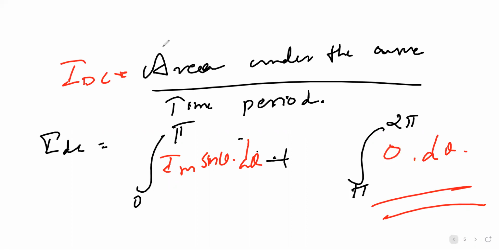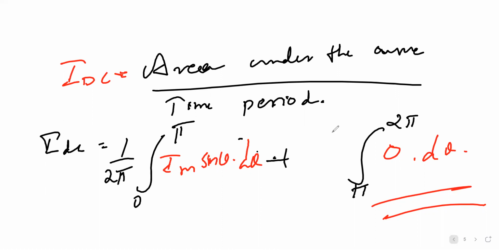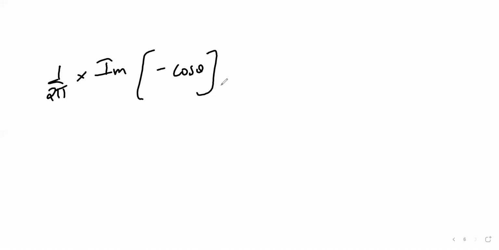That is there in our Fourier series formula, 1 by 2 pi times the integral of the full thing, so it applies to everything. So 1 by 2 pi, with Im outside. The integration of sin θ from 0 to pi is minus cos θ, evaluated from 0 to pi.